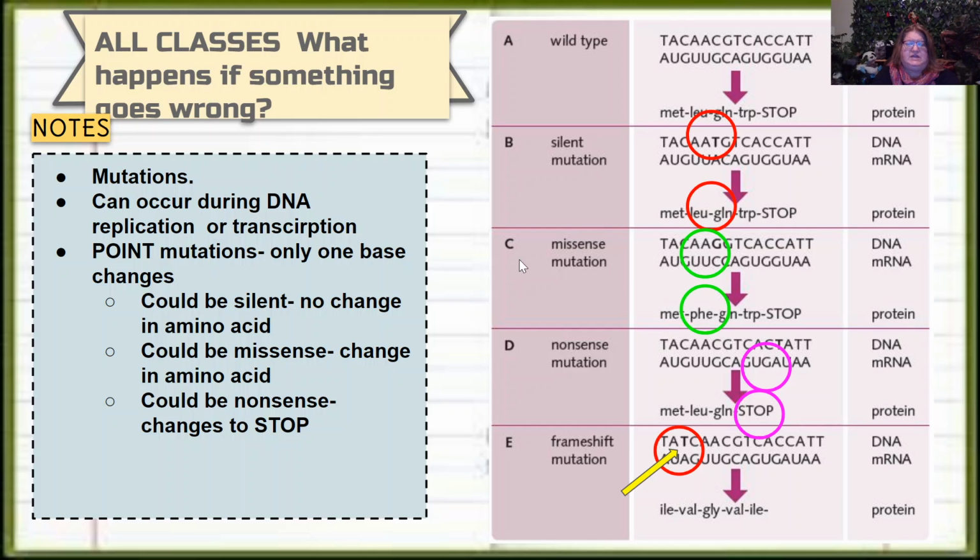Now, let's take a look at this one in the middle, a missense mutation. In a missense mutation, in this example, we changed it from AAC to AAG. Now, in this case, this does change the amino acid. We go from UUG to UUC. And if we go to our codon chart, that means we went from leucine to phenylalanine.